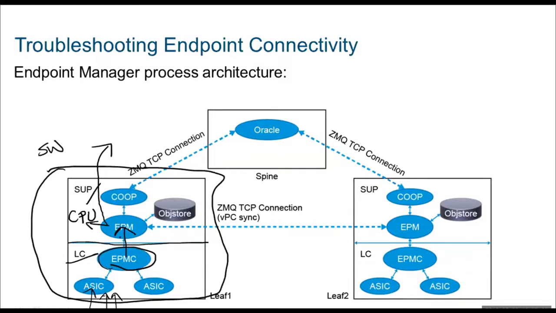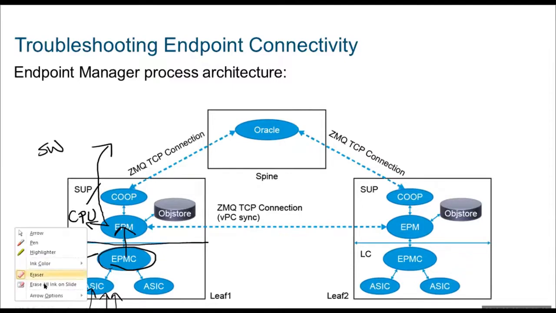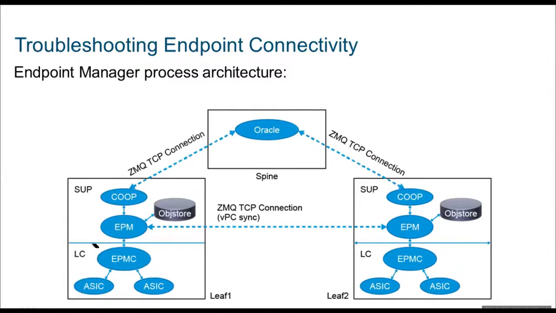It builds the endpoint table. If it's receiving over the Fabric port also, it's going to learn the endpoint. By the way, that's not the Fabric port, I shouldn't have drawn it there. But it's coming in on a Fabric port also. It's the endpoint manager which is responsible for maintaining your endpoint table.